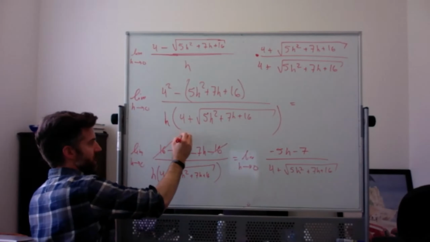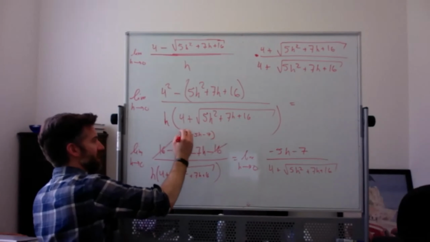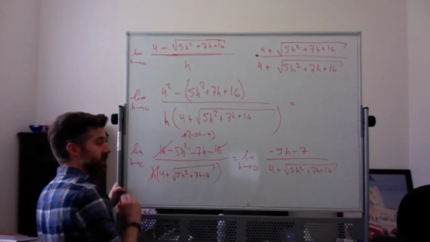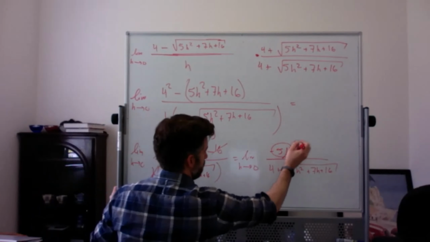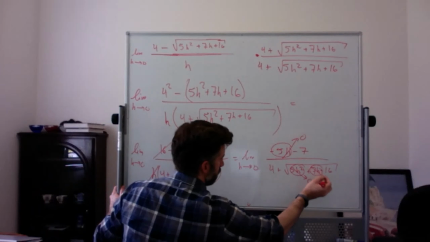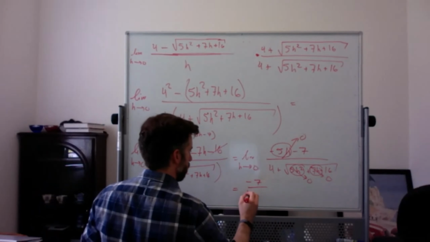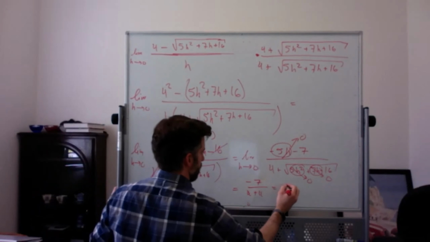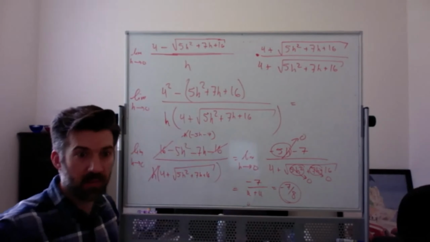So really I could say this is h times negative 5h minus 7, and then canceling that h that factored out with that h down there. And then finally, the rest of the h's get to go to 0. So I end up with negative 7 over 4 plus 4, which is negative 7/8. So that's the idea behind that kind of problem.